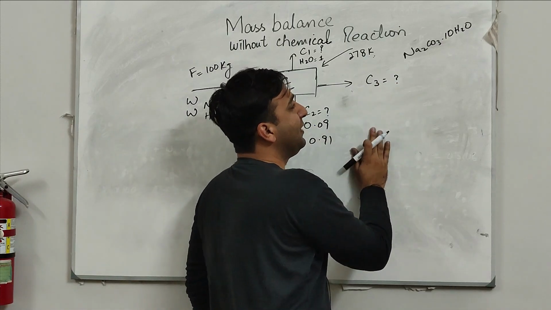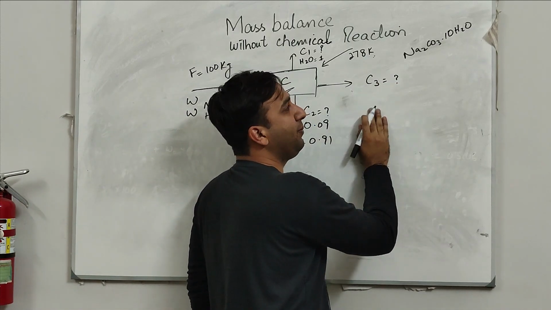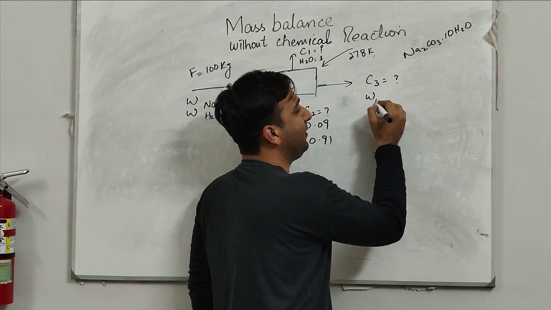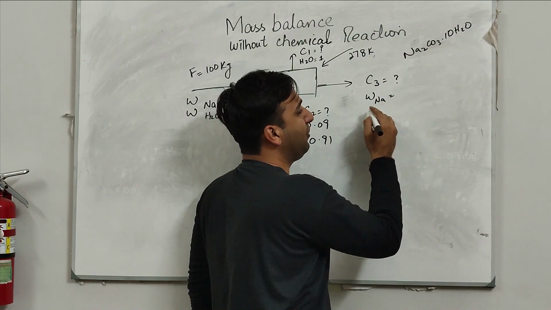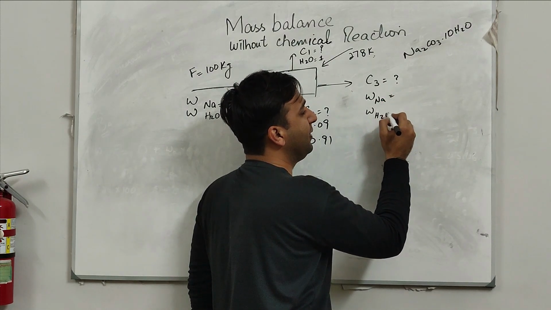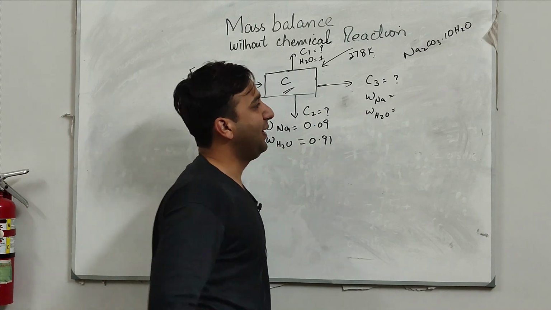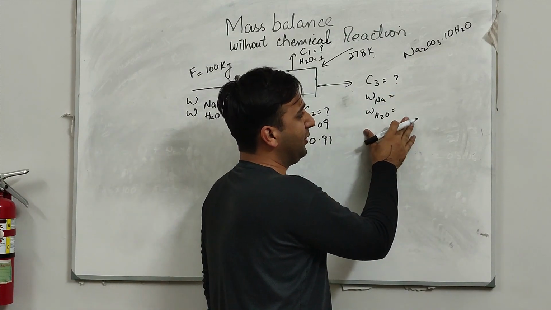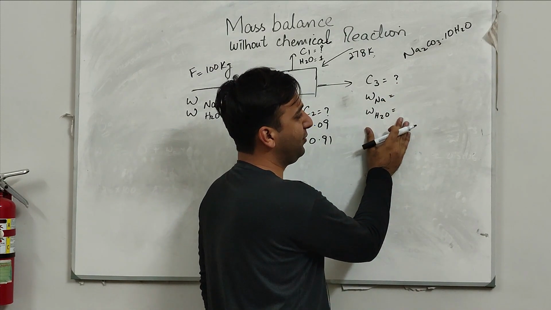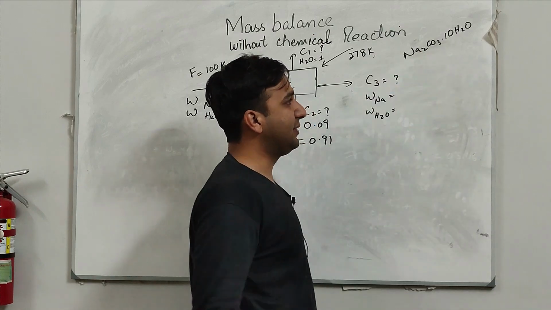So here the mass fractions will not be equal to 1. There will be a mass fraction for sodium carbonate and a mass fraction for water will also be present.